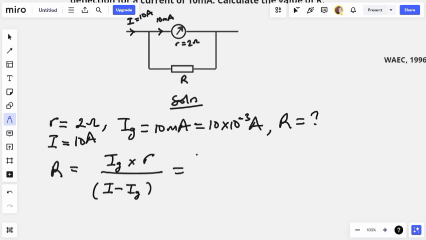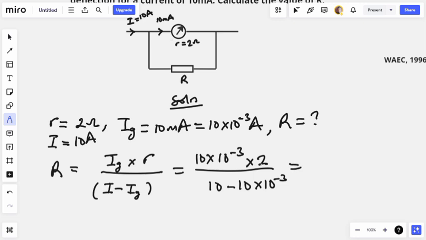I subscript G is 10 times 10 raised power minus 3, times R. Our small r is 2, times 2, divided by I minus I subscript G. Our I is 10. I subscript G is 10 times 10 raised power minus 3.